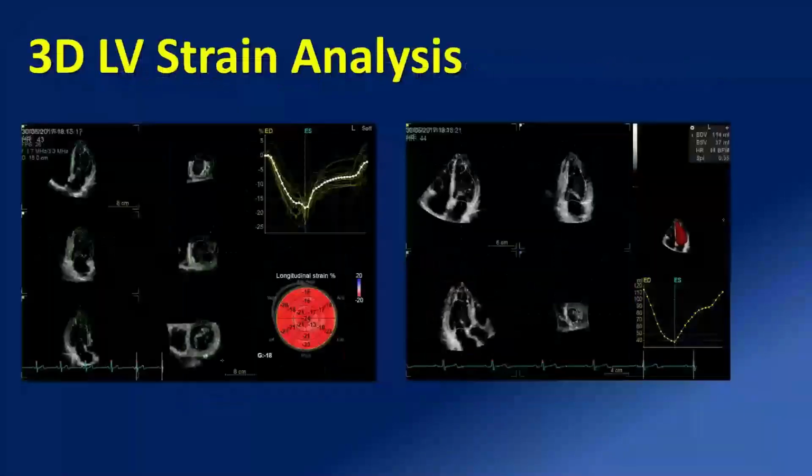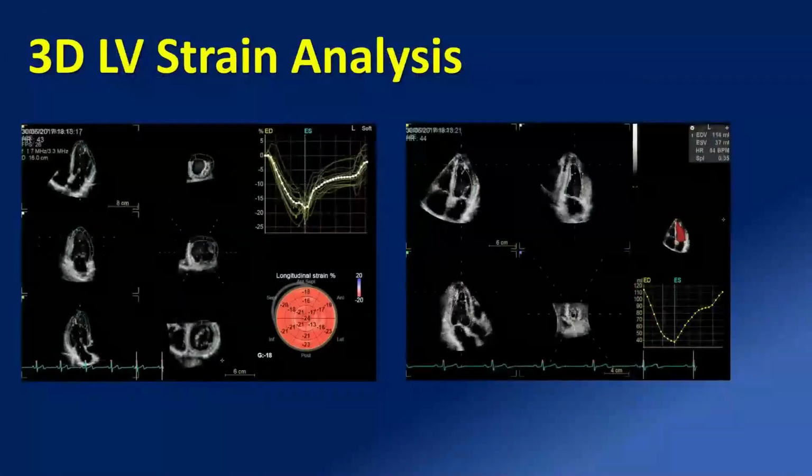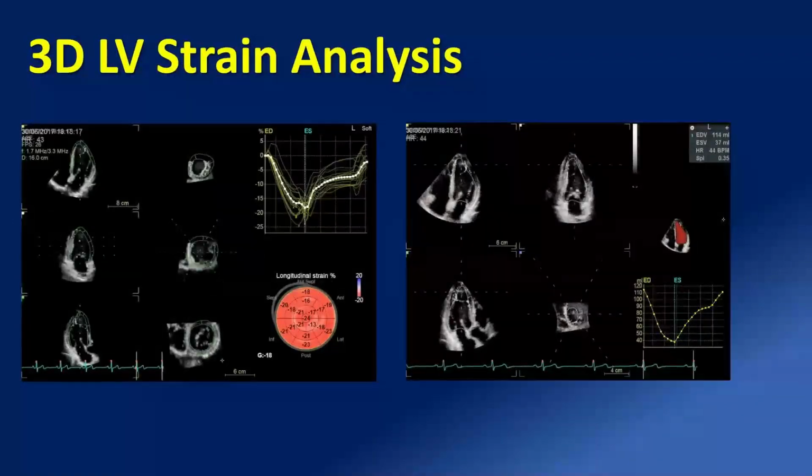This is for the 2D, but also in 3D nowadays, from a complete 3D dataset, with very few clicks with a semi-automatic analysis, we can obtain volumes, mass, ejection fraction, but also global longitudinal strain, circumferential strain, and radial strain.